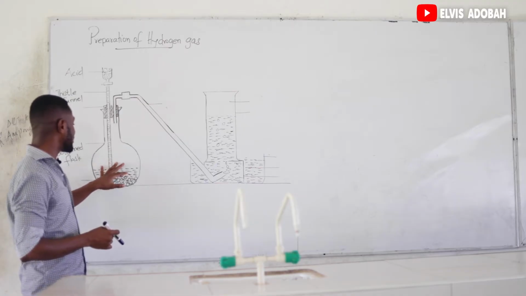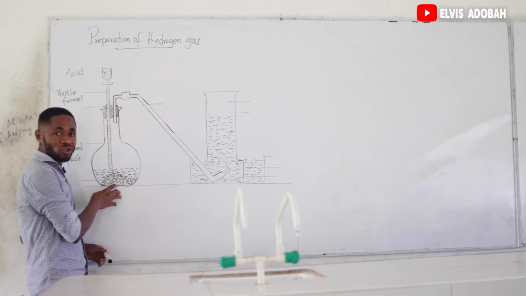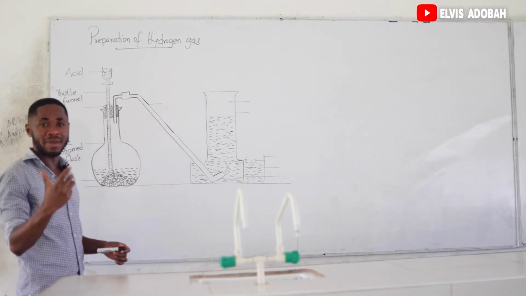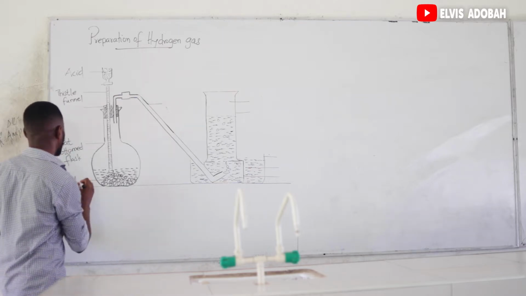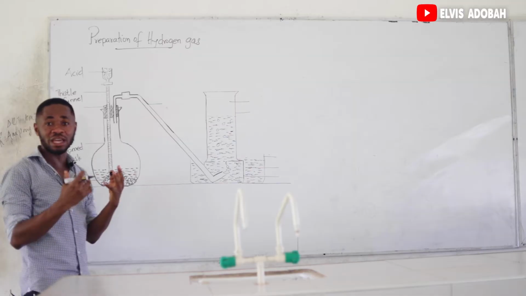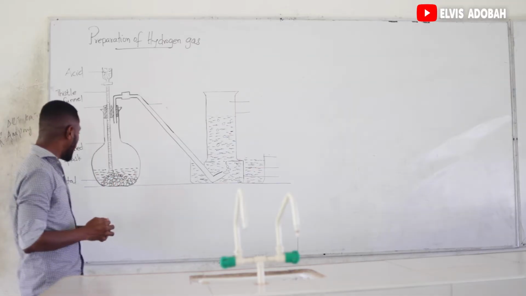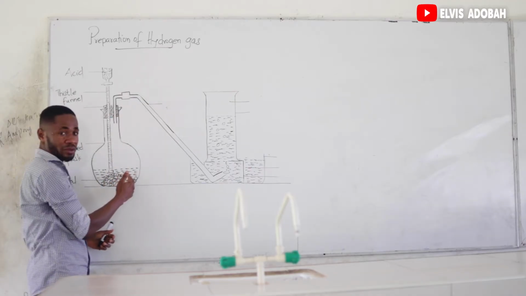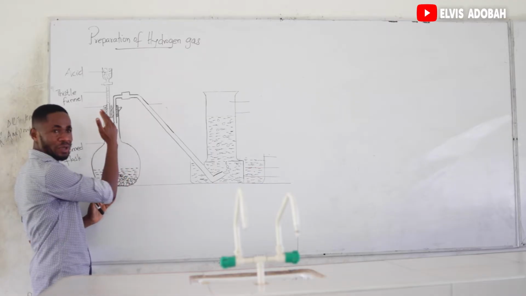Inside the flask, there are these round particles over here. Obviously, that one will refer to our metal. The metals we are going to react with our acid to produce the hydrogen gas. Now, if we produce the gas by reacting the acid with the metal, what could happen is the acid will start trying to escape.